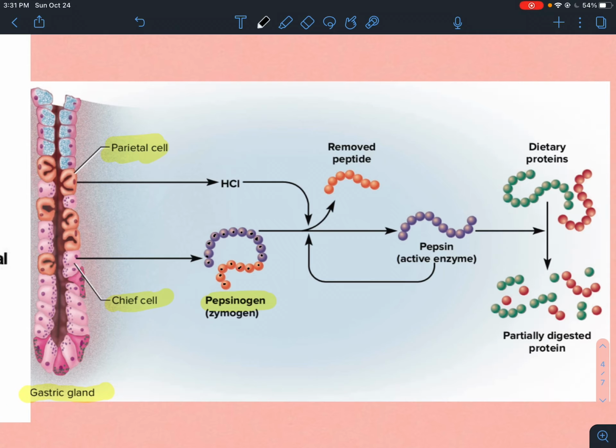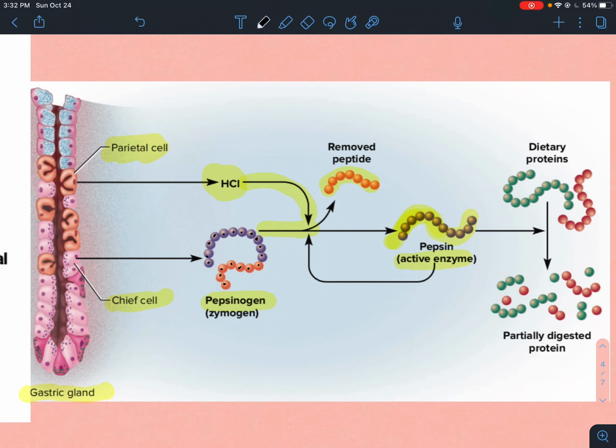And it is the orange ones that make it inactive. It is the orange ones that have to be removed in order to activate it to pepsin. And that's exactly what hydrochloric acid can do. So once the hydrochloric acid comes out of the parietal cells, it will meet the pepsinogen and cleave or cut that orange peptide, giving us our product, pepsin, which is an active enzyme.